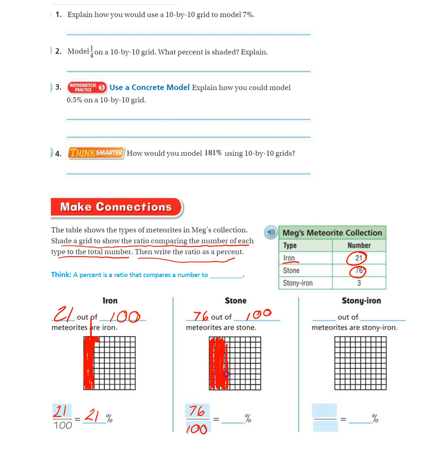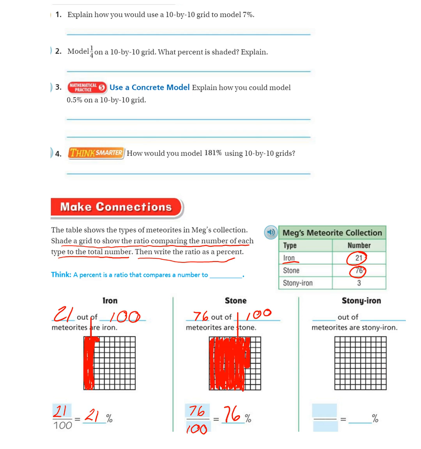Fourth column makes 40. Fifth column makes 50. Sixth column makes 60. Seventh column makes 70. And then 6 out of this column. 1, 2, 3, 4, 5, 6. And that would be 76%.